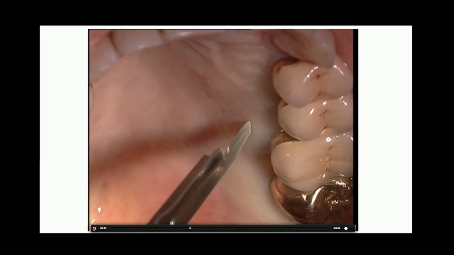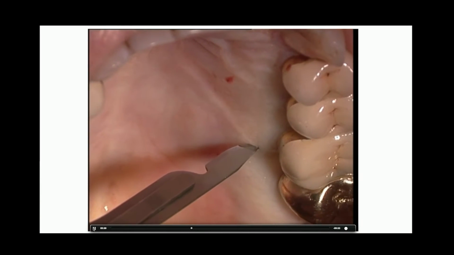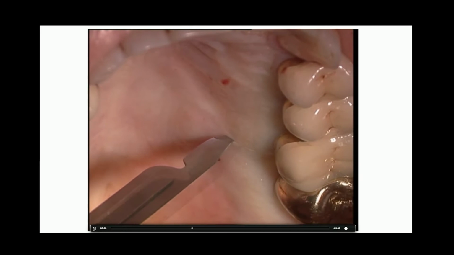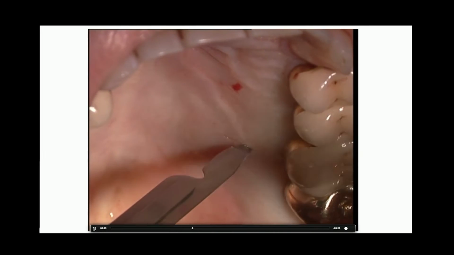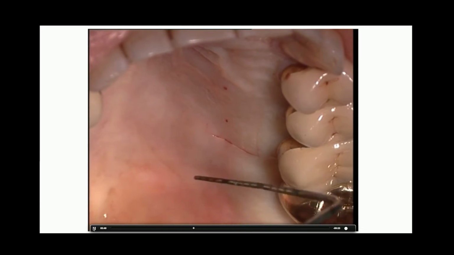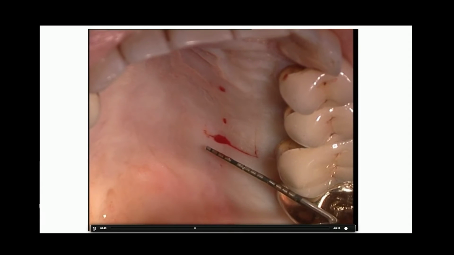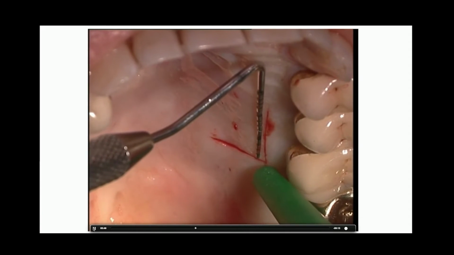Measured distally, it should have the same dimension as the connective tissue graft, meaning the distance between the two vertical releasing incisions. I didn't see the probe measuring this distal dimension, but it was probably around 12 or 13 millimeters and a 7 millimeter height for the free gingival graft.